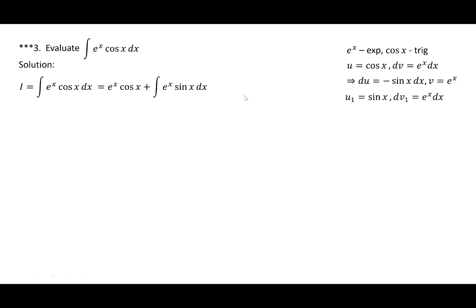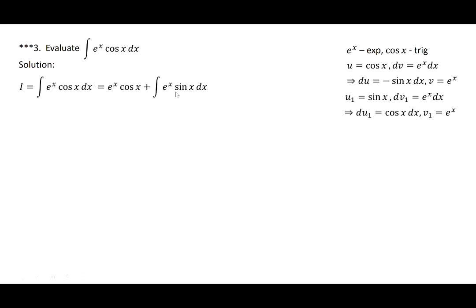But because this is the second time we're doing it in the same problem, instead of saying u and v, let's call them u1 and dv1. So u1 is sine x and dv1 is the exponential e to the x dx, and du1 is cosine x dx and v1 is e to the x.